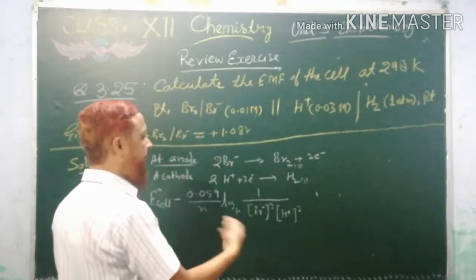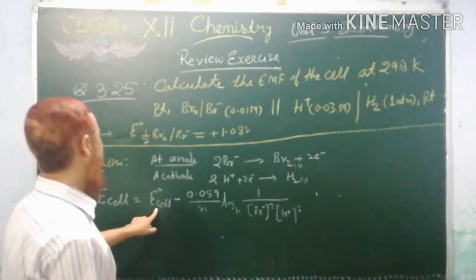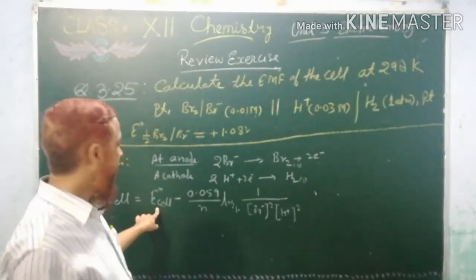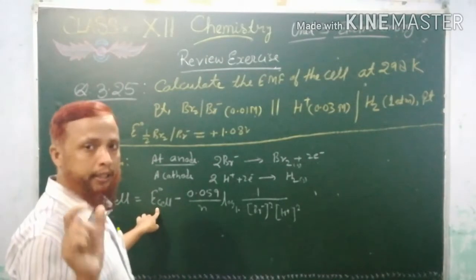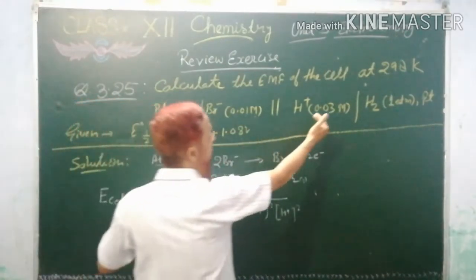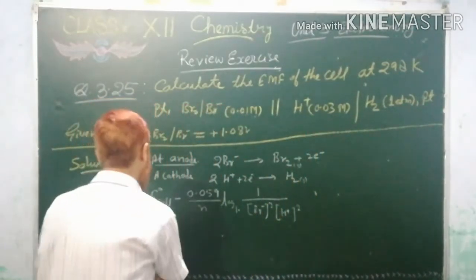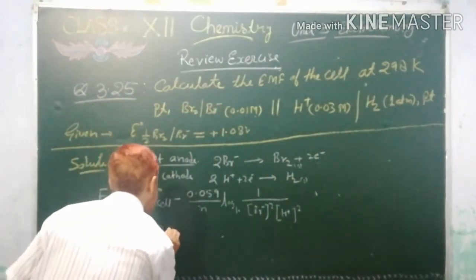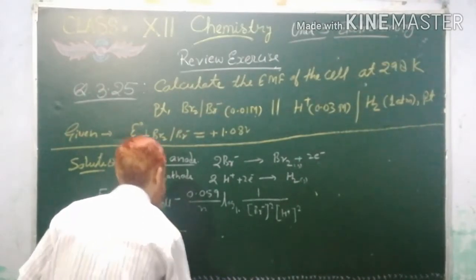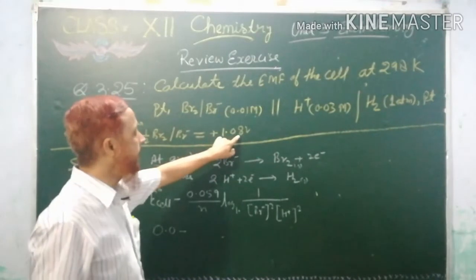Now we have to substitute the values. E naught cell is the difference of reduction potential of cathode and anode. So now you see cathode is hydrogen and reduction potential of hydrogen will be 0.0, minus E naught anode, and it is given 1.08 volt.